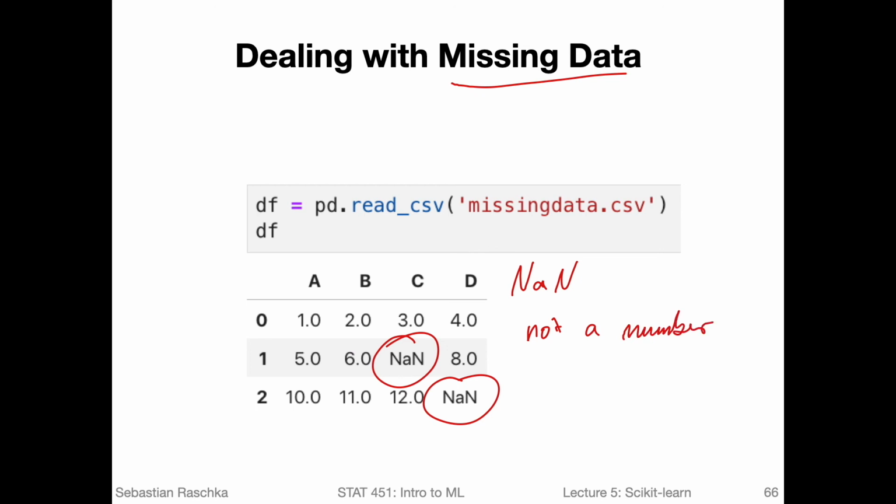And data may be missing for many different reasons, so it's usually hard to tell what's going on if we don't have further information about how the data was collected. So it could be missing, for example, because the measurement was not obtained, or there was a mistake in the measurement, or there could be other reasons why this is not available. So that makes it usually very hard to deal with missing data compared to other data transformations.